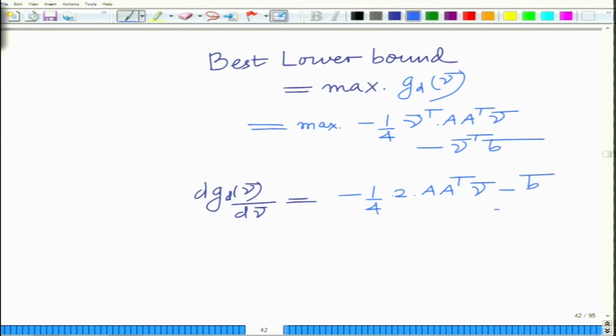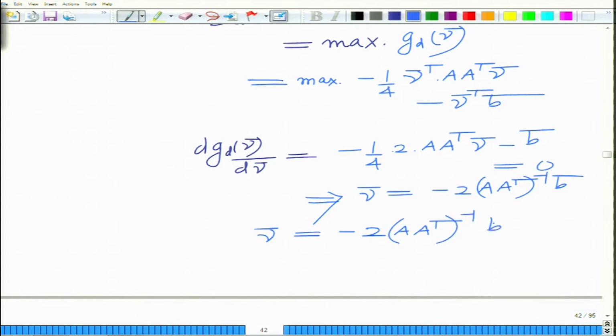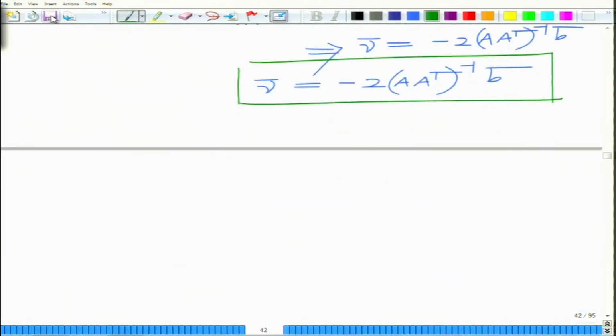Now you equate it to 0, which implies the optimal value of nu bar for which the dual function is maximized is minus 2 A transpose inverse into b bar. So we have nu bar is minus 2 A transpose inverse into b bar. Okay. That is the value of nu bar for which the Lagrange dual function is maximized.